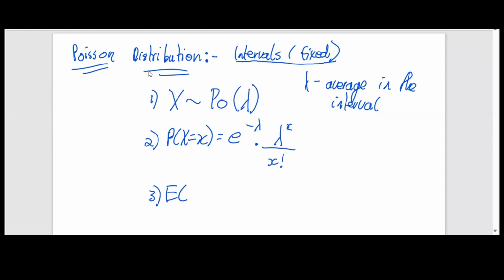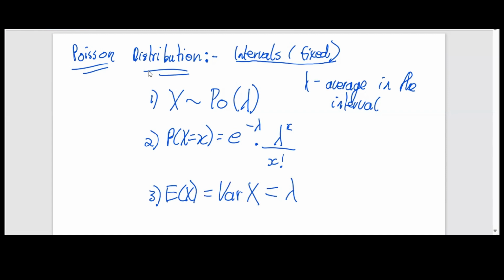And the last one, what makes the Poisson really nice is that the expectation and the variance of X are both lambda. So if any question asks you what the expectation or variance for a Poisson distribution is, it's just lambda. No big equation, it's just lambda.